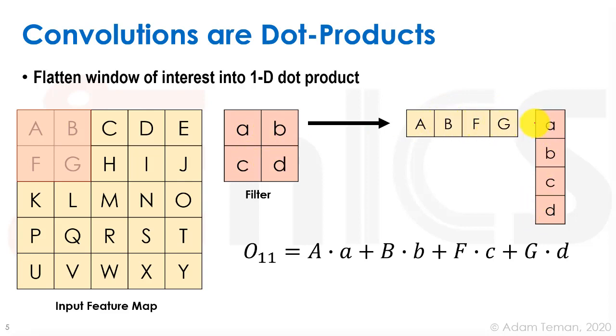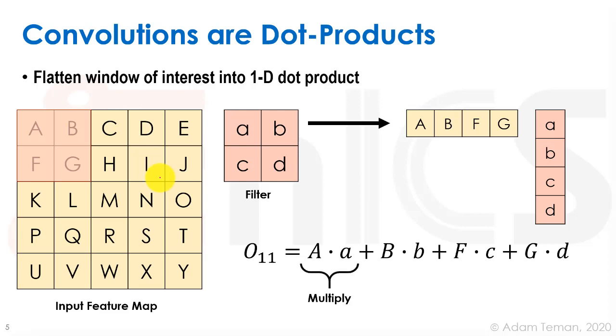Then we can just do a dot product between them, and the output is A times A plus B times B plus F times C plus G times D. That's our dot product of one slide of the window over the input map, and we have to do this many times over the whole thing.